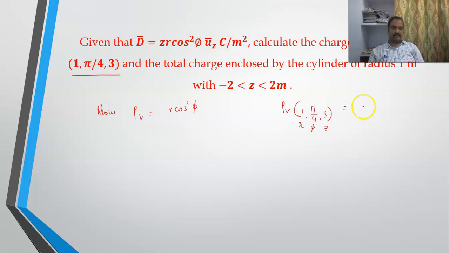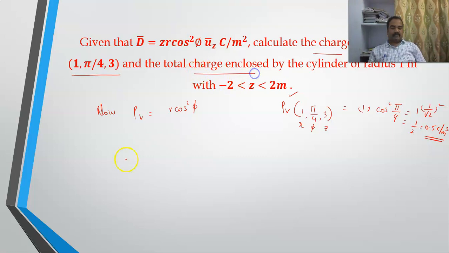So this is 1 into cos square pi by 4. What is cos pi by 4? It is 1 by root 2. So 1 into 1 by root 2 whole square gives 1 by 2, so it is 0.5 coulomb per meter cube. The units are coulombs per meter cube for volume charge density. So the first job is completed.